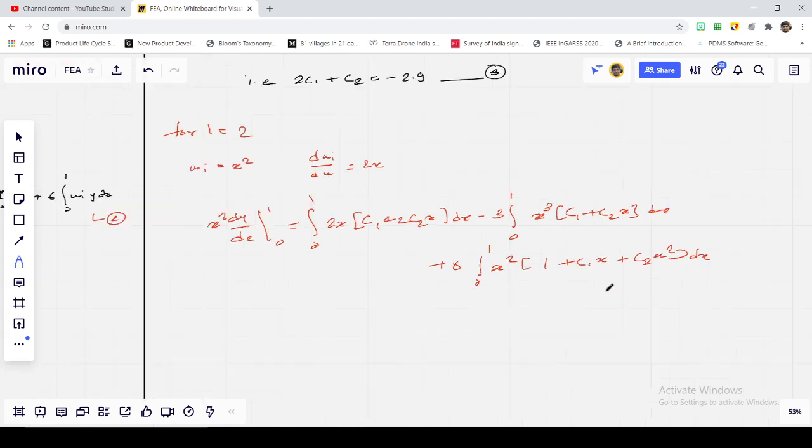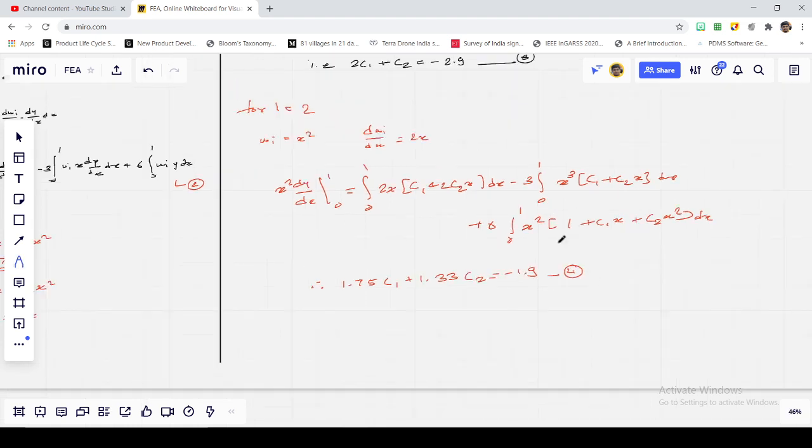Okay, so again solving this, you will get similar term on this side, that is 0.1. So finally solving this, you will get 1.75 c1 plus 1.33 c2 is equal to minus 1.9. Okay, and this will be your equation 4.